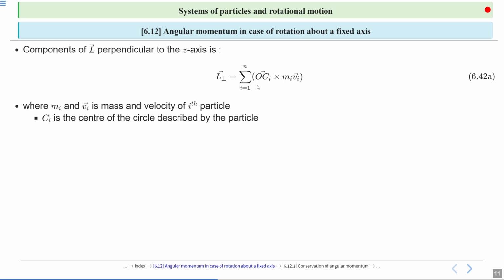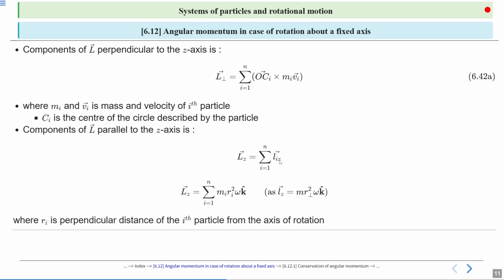So Ci is the center of the circle described by the particle. And the component of L parallel to the z axis, Lz, is equal to summation I equal to 1 to n of Liz. So Lz is equal to summation I equal to 1 to n of mi ri square omega k. We know Lz is equal to m r square perpendicular omega k cap, where ri is the perpendicular distance of the ith particle from the axis of rotation.